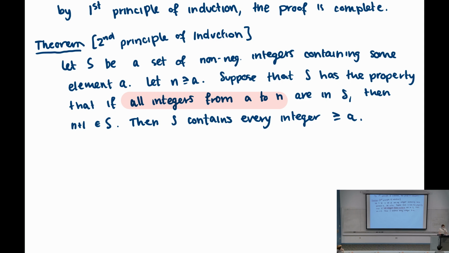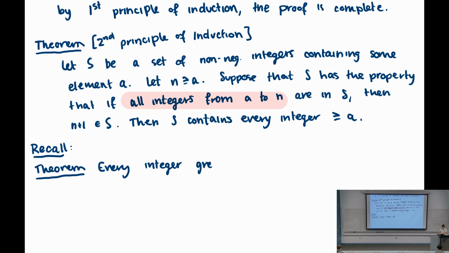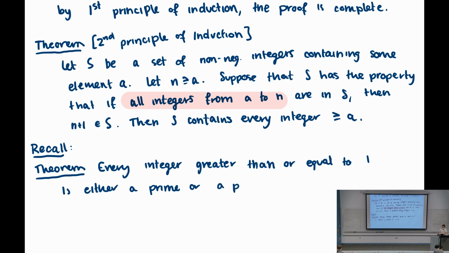Okay, so let's recall what the fundamental theorem of arithmetic said. It said that every integer greater than or equal to 1 is either a prime or a product of primes.